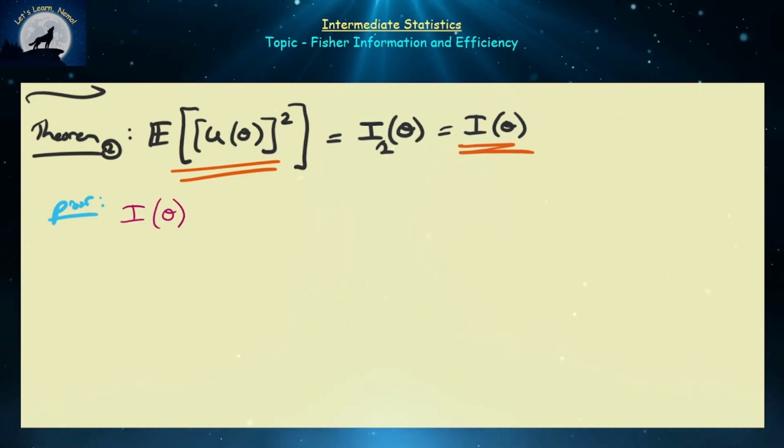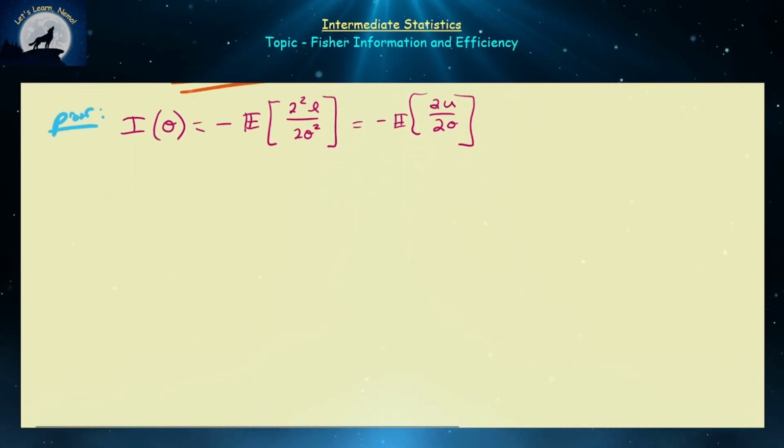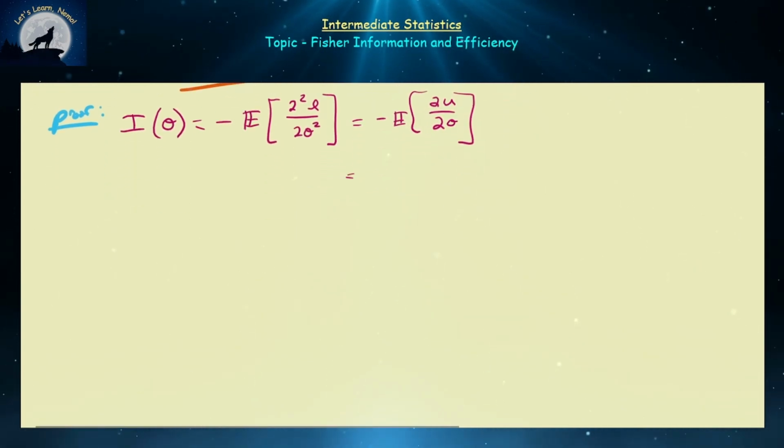Right. So I of theta will be equal to what? So I of theta, by definition, is going to be the negative expectation of the second partial of L with respect to theta, which would be equal to the negative expectation of the partial derivative of u with respect to theta. That's, by definition, the score. So this is going to be equal to, again, what?